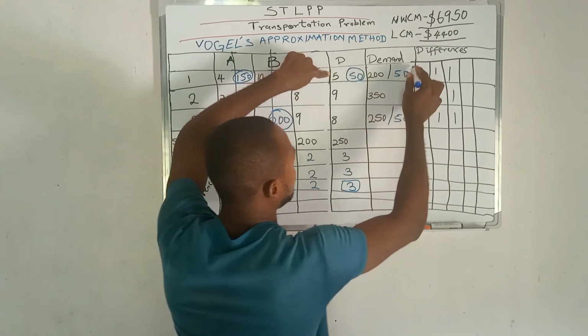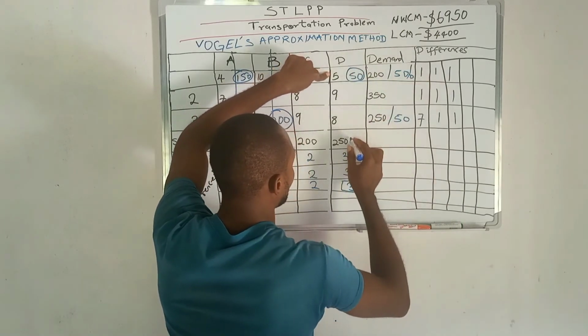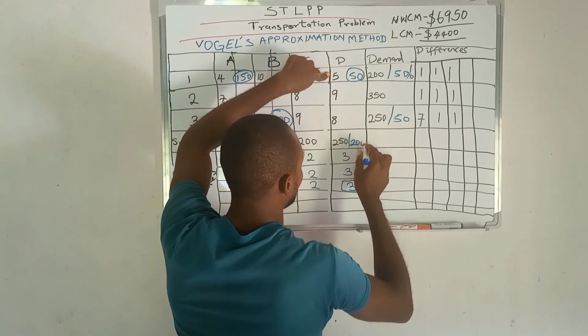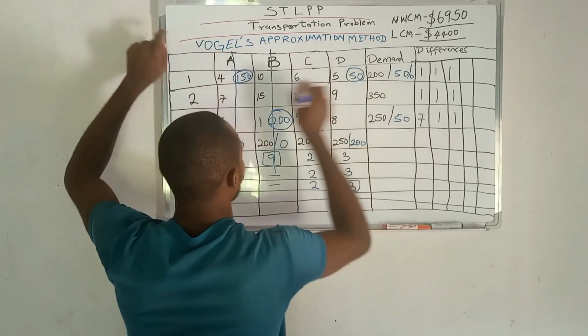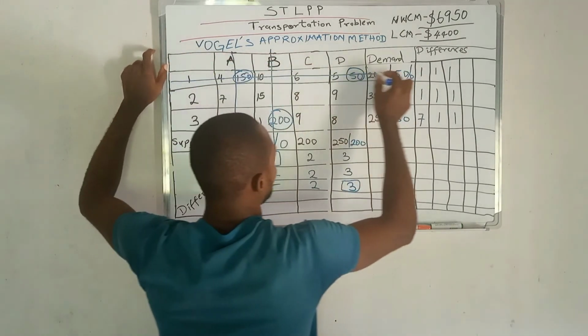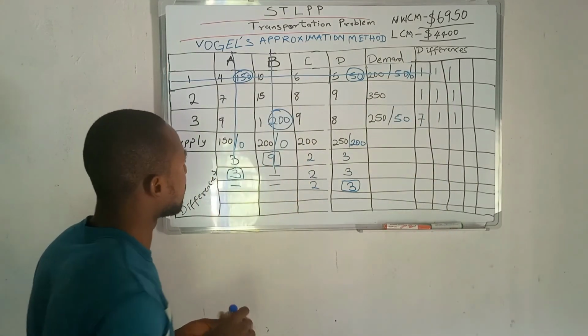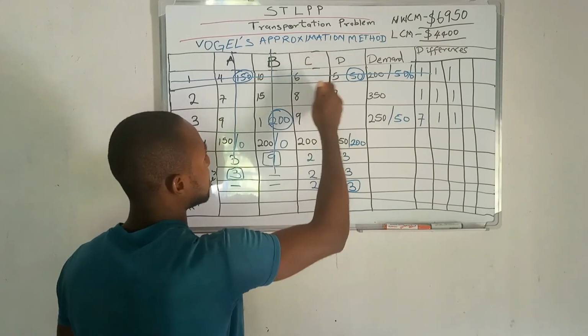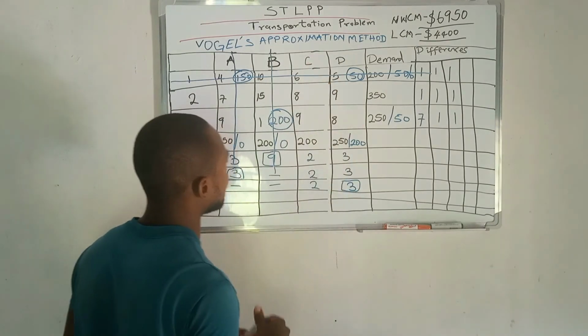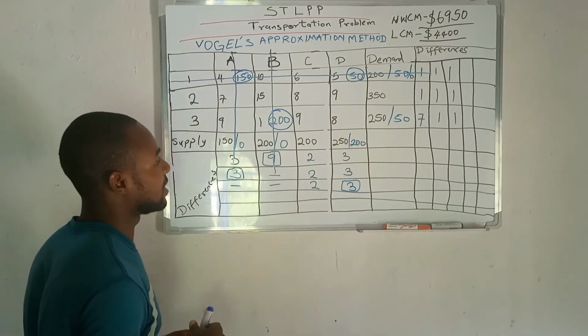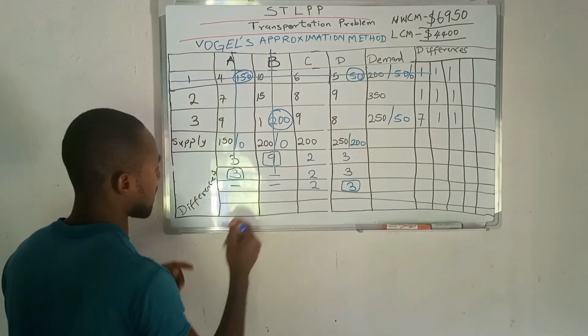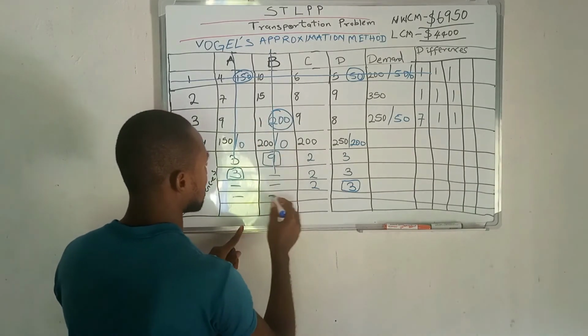To supply 50 here will be 0, and what will be remaining here is 200. So this place is satisfied, so we'll take out the first row. Now we have just this remaining, and then we still go through our differences again. So right here we have nothing, we do our differences again.